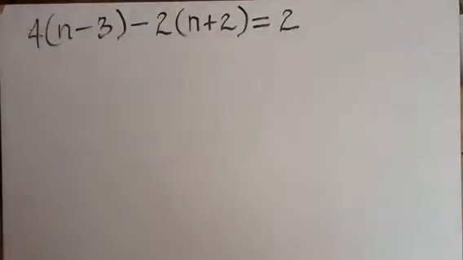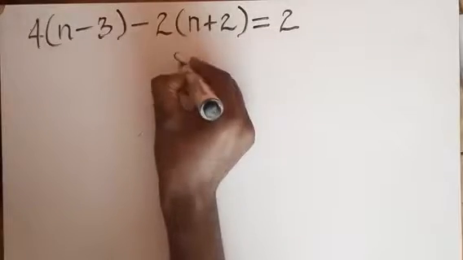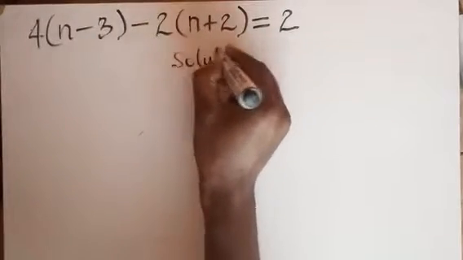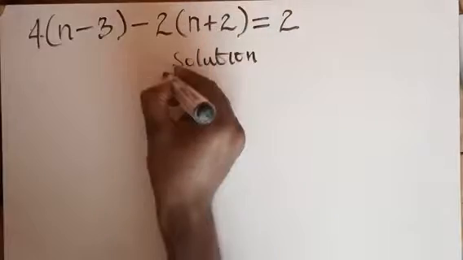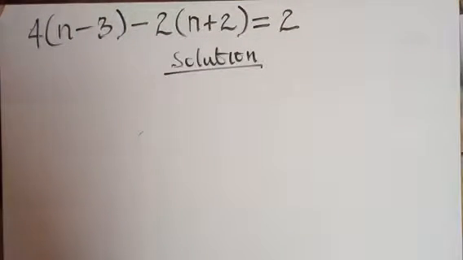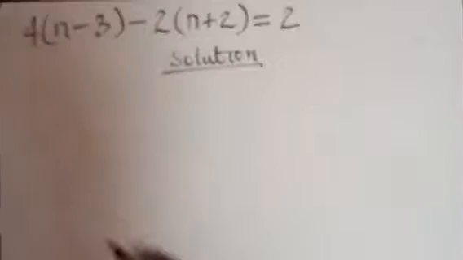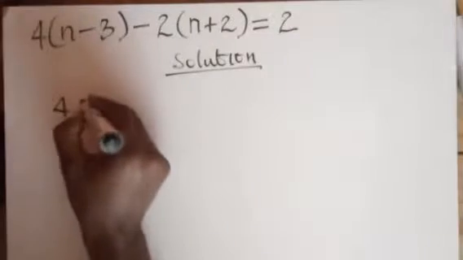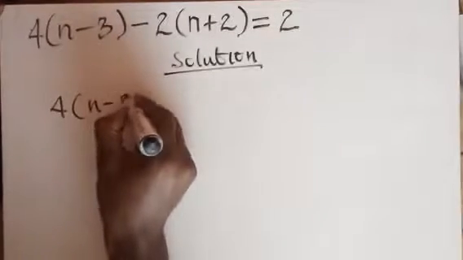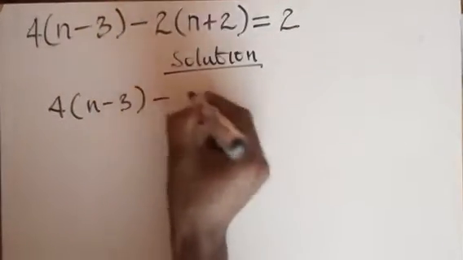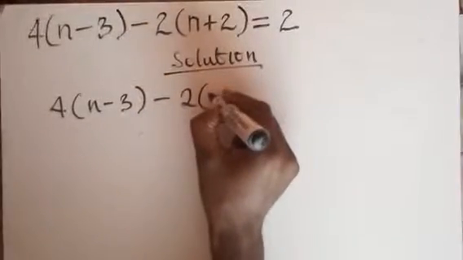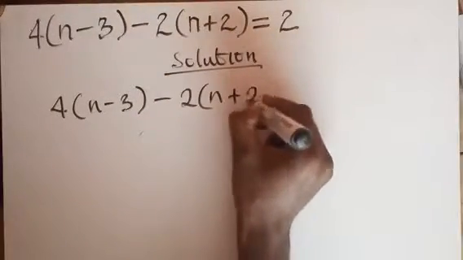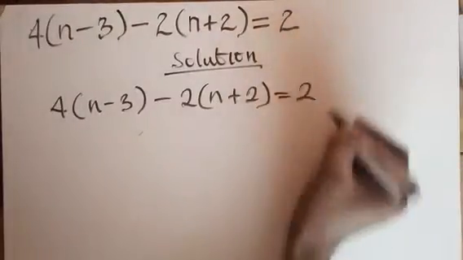So let's solve this. So solution. Let's follow the law. We'll first open the bracket. So before we do that, let's rewrite the question. So 4 n minus 3, n plus 2 equals to 2.